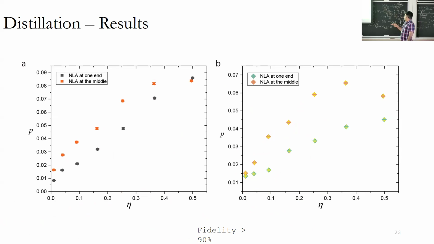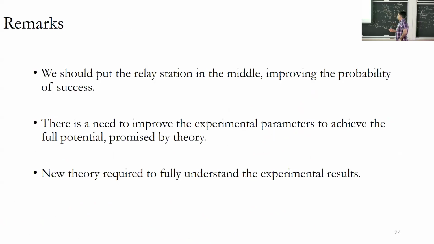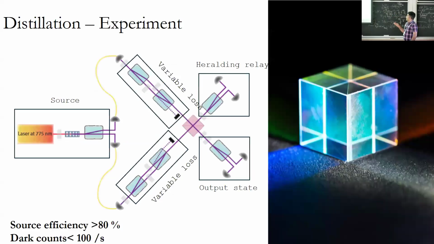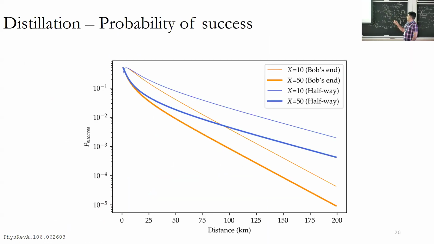So by that, I close my talk to say, we have shown that by moving the relay, you can improve the probability of success. But there is still a lot of work to be done. The experiment was very challenging. We still don't completely see the result here, because this is, as I said, a theoretical physicist's dream, but in the lab it seems to be way more challenging to realize this result.